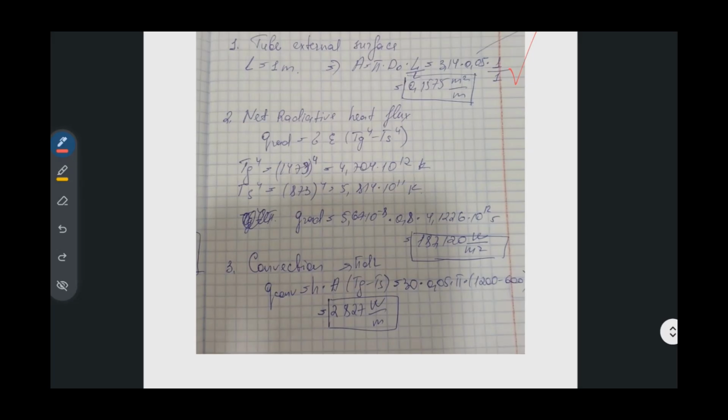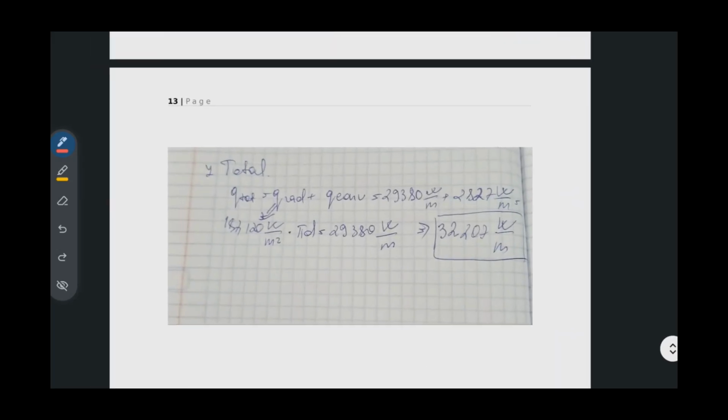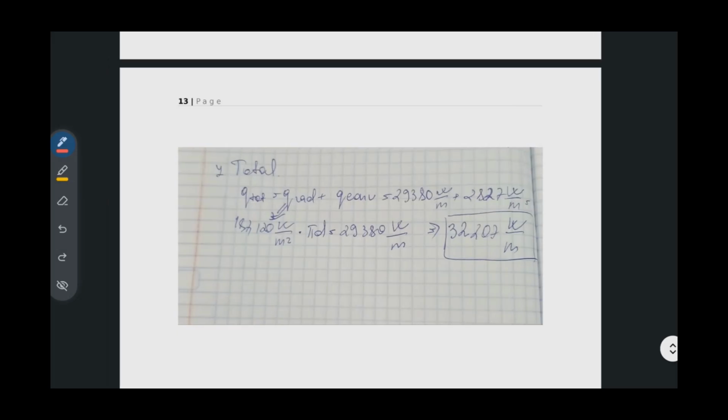I would say the difficult and more challenging, time wasting part is to convert your Celsius to Kelvin and raise to the fourth power. That's why it took some time, but it's so easy a problem, I would say. Again, we have some differences in the calculations, but I think the methodology is very simple. That's why I'll accept it. So this is the last question, I would say.